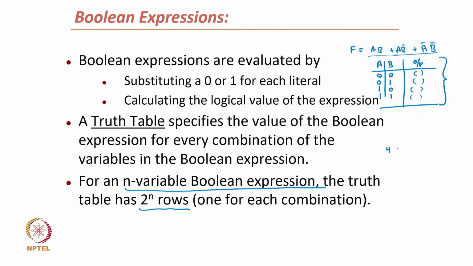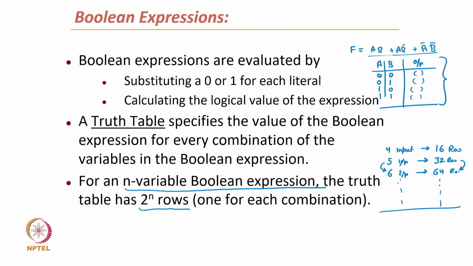So, for 4 inputs we have 2 to the power 4, which is 16 rows. For 5 inputs we have 32 rows. For 6 inputs we have 64 rows, and so on. If we see very carefully, with just one increase of the input from 5 pins to 6 pins, the number of rows doubles from 32 to 64.